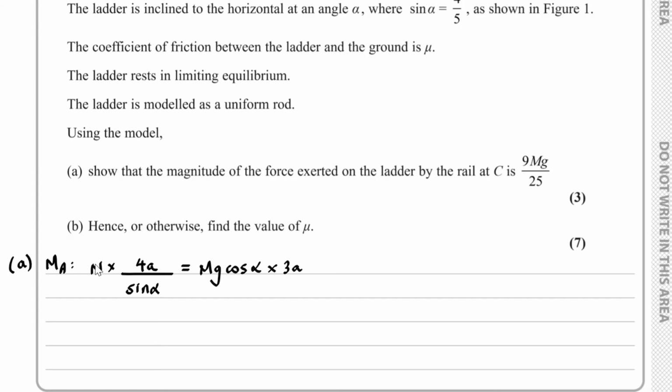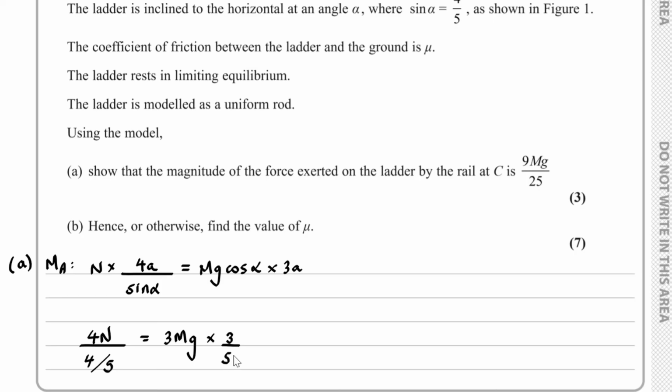And with this we can find out what N is, and of course these are equal to each other because we're in limiting equilibrium. If we tidy things up, the A's cancel on both sides, so we have 4N over sine alpha, which is 4/5, so 4N over 4/5, equal to 3mg multiplied by cos alpha, which is 3/5.